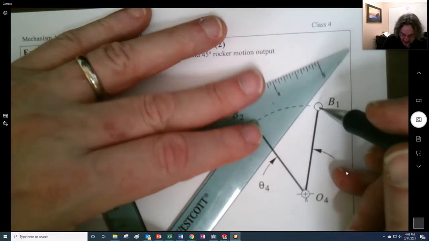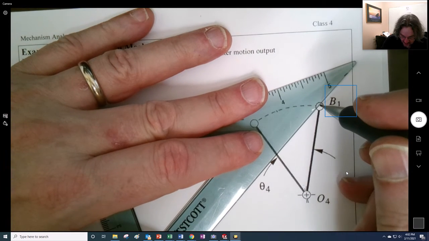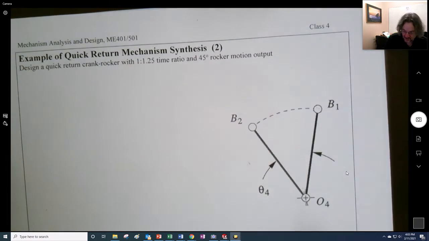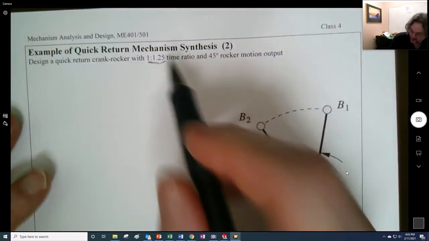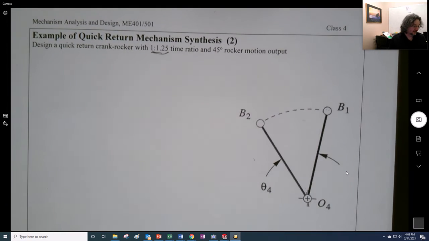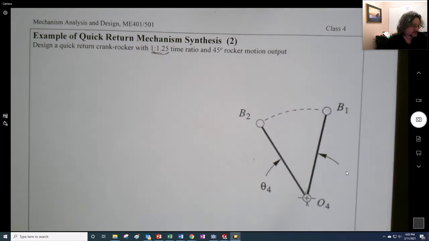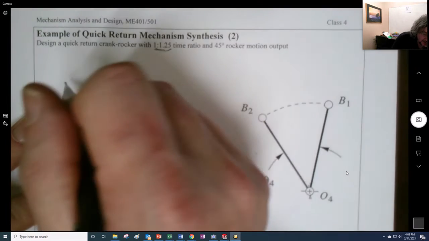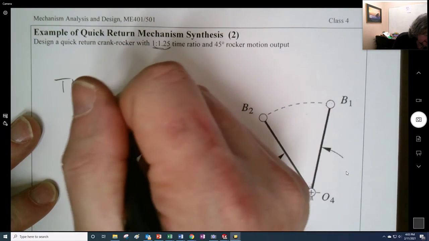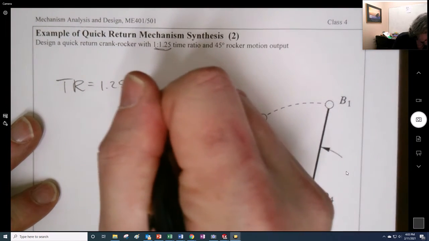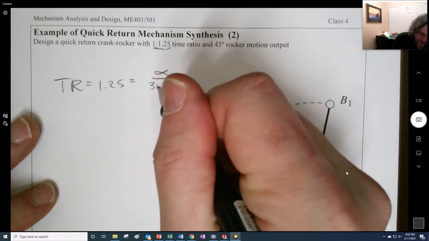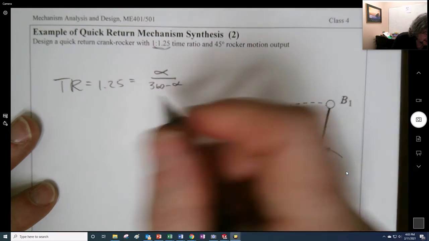Going through the procedure here, the first thing we want to do is find, we know the time ratio here. So the time ratio is equal to 1.25. And we know that we had to find alpha divided by 360 minus alpha.